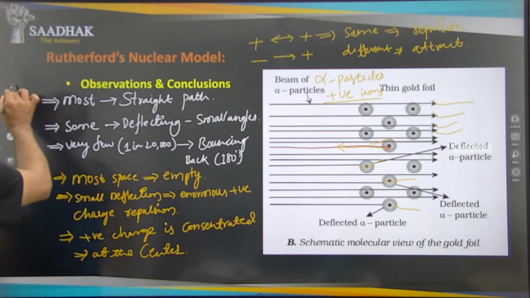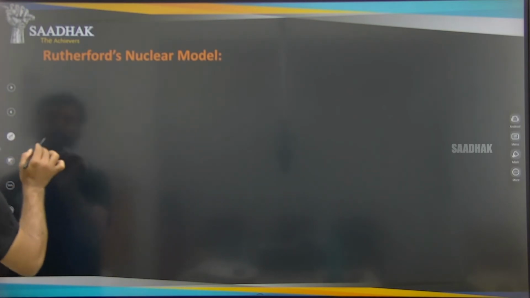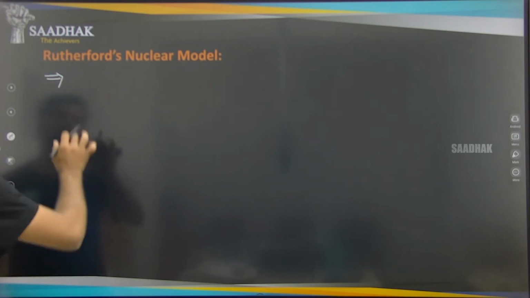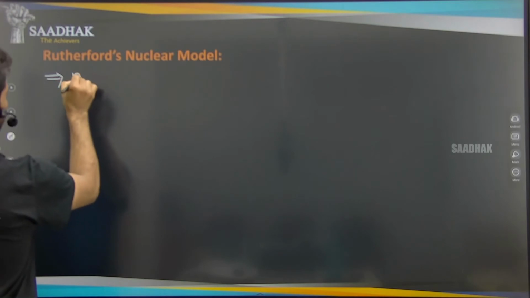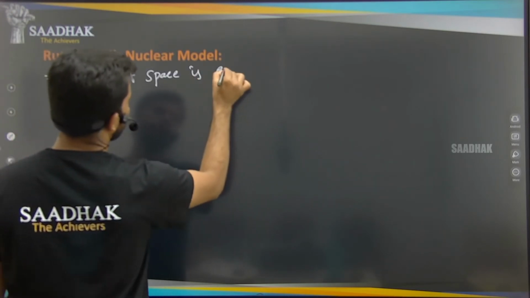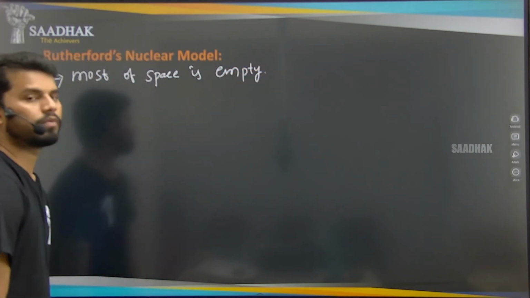Okay, so after these observations and conclusions, he proposed the postulates of this model, the Rutherford nuclear model. He said that first, most of the space is empty, right?